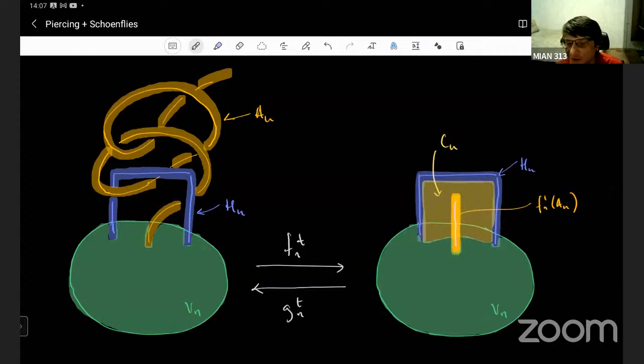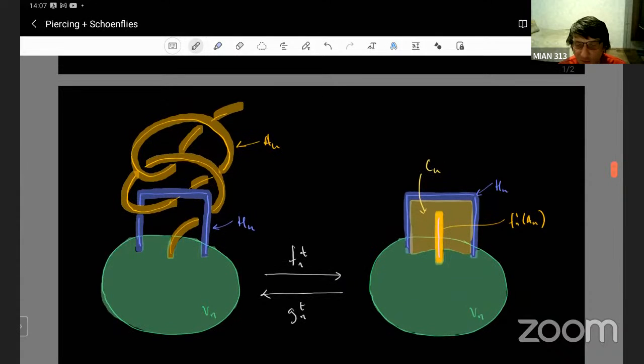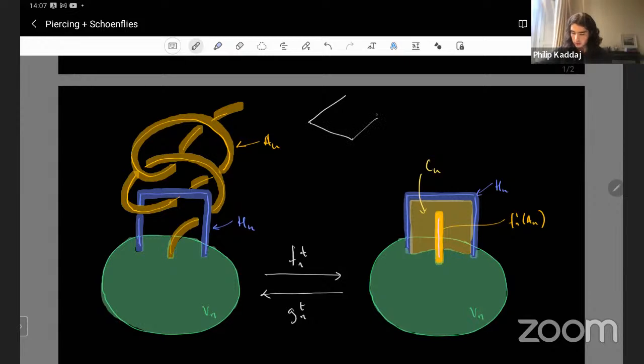Could you please explain this isotopy once more? I didn't follow. Okay, well, the arc An I can view as a finite union of segments, yes? So this isotopy is contraction along each segment.